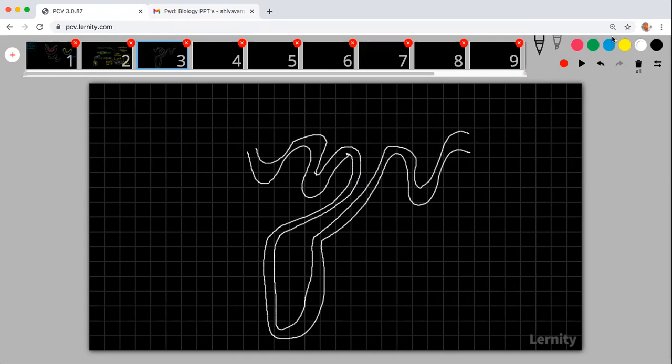So I have just drawn it very simple. So this is how your loop of Henle will be.